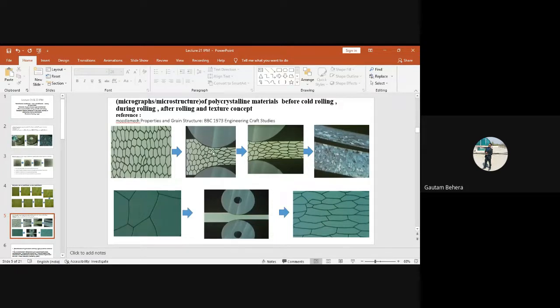But just tell me, if I consider this part and this part, what is the difference? I am considering the property of this one and the property of this one after rolling. Are both isotropic, or both anisotropic, or is something happening after rolling?